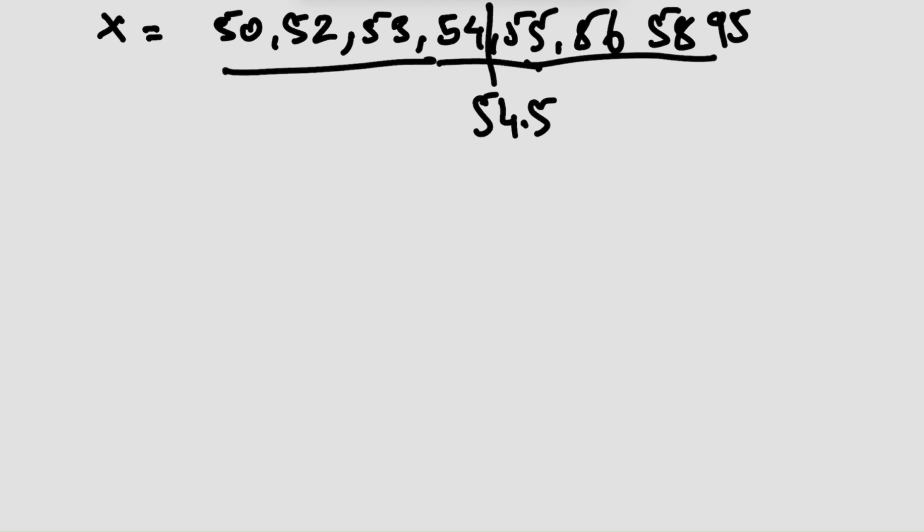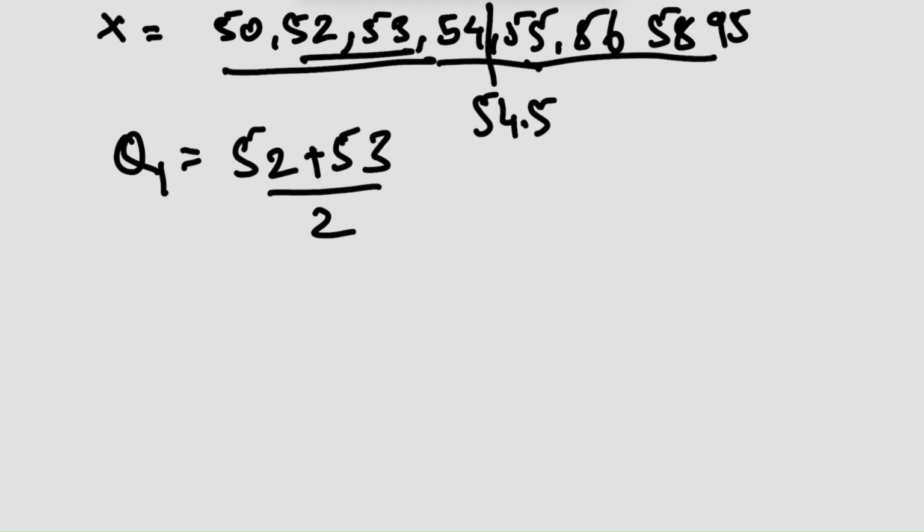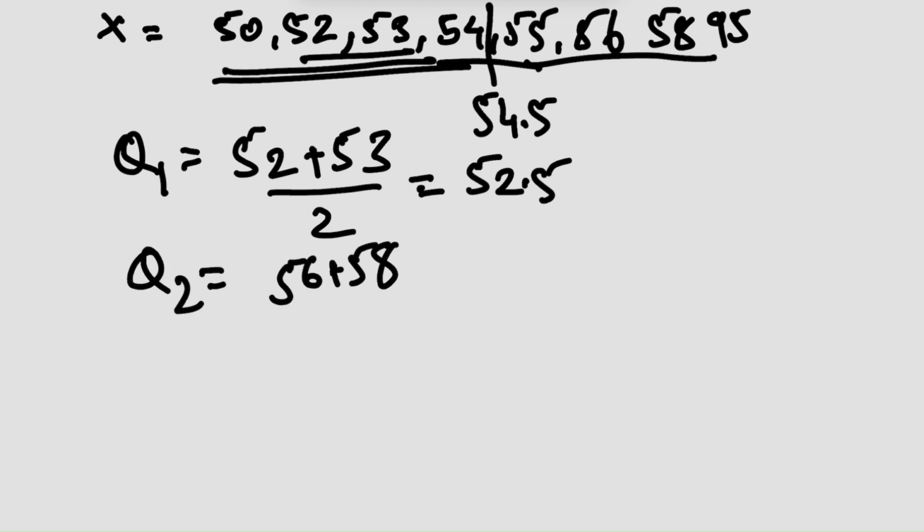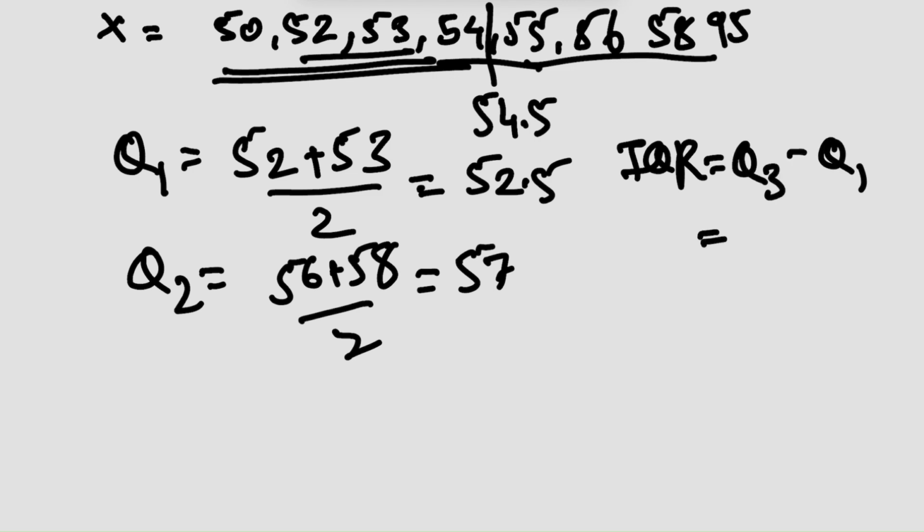So if I want the value of Q1, that is 25% of data, I will have to calculate the median of these 4 points, and that turns out to be 52.5, and Q3 turns out to be 56 plus 58 by 2, that is 57, and IQR is calculated by Q3 minus Q1, that is equal to 57 minus 52.5 is equal to 4.5.